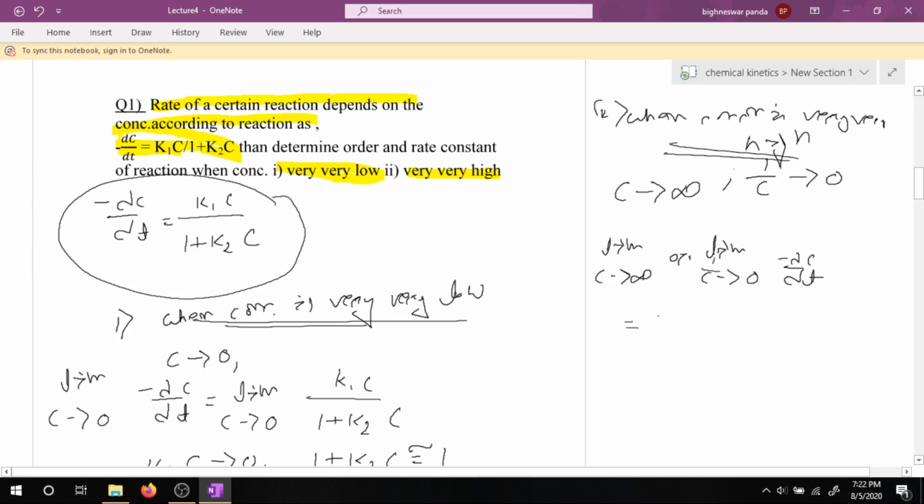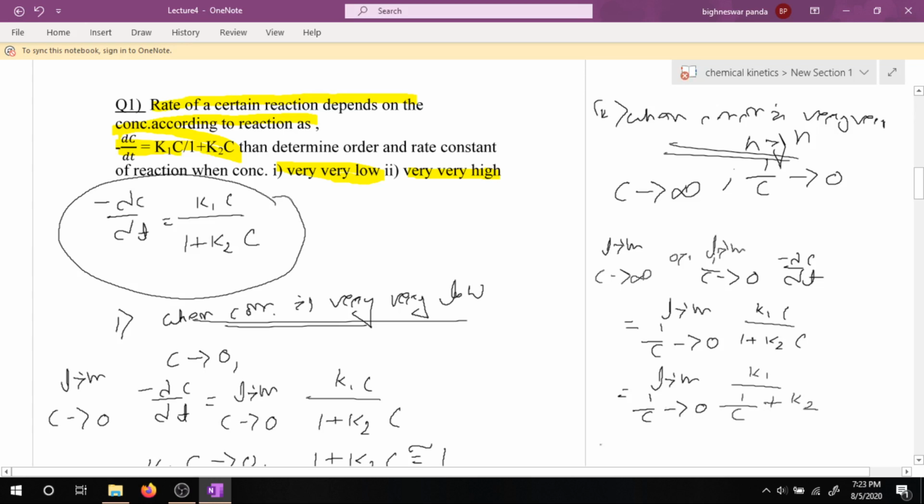That will be equal to limit 1 by C tends to 0 of k1 C divided by 1 plus k2 C. Dividing numerator and denominator by C, I get k1 divided by 1 by C plus k2.